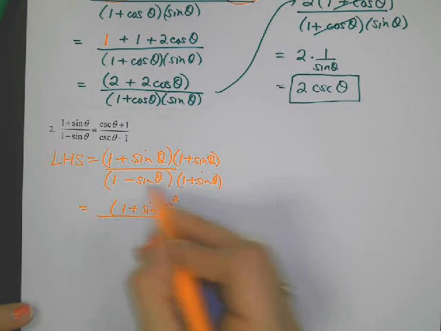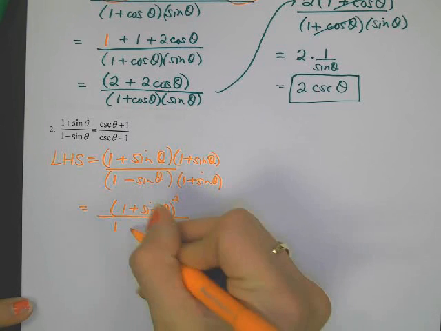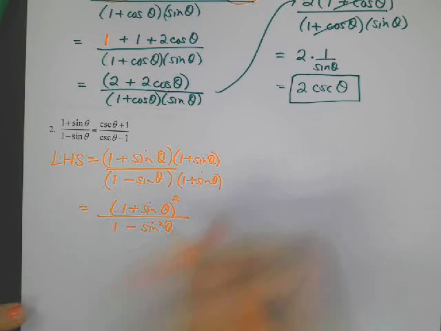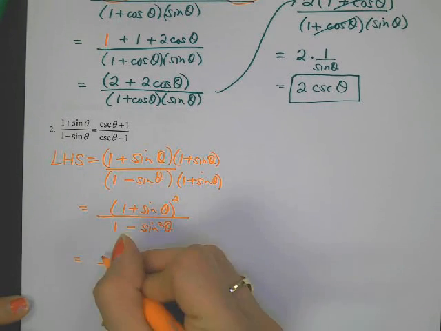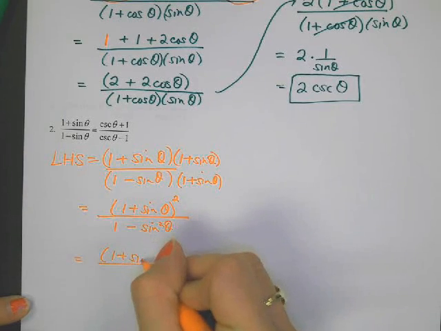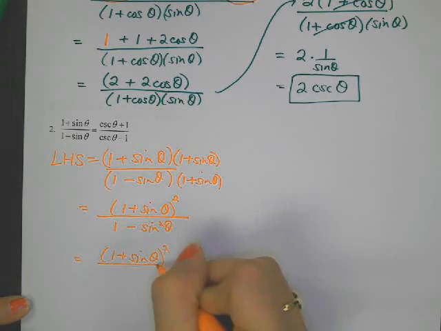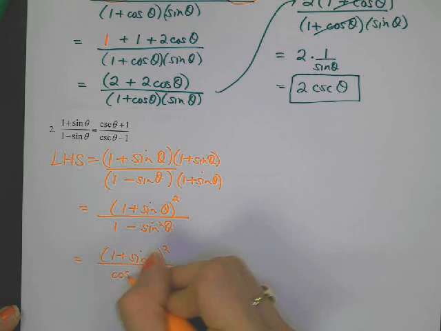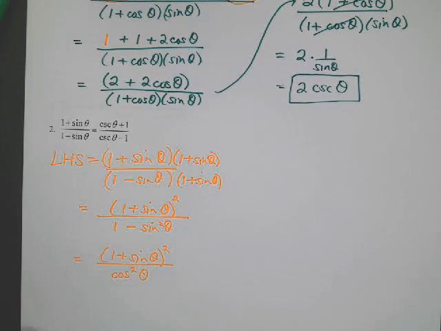And the bottom, conjugates, that's 1 minus sine squared of theta, which we can replace. That's a Pythagorean identity. So let's go ahead and write that as cosine squared.